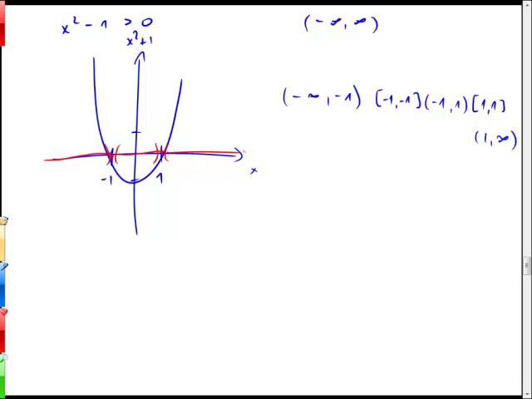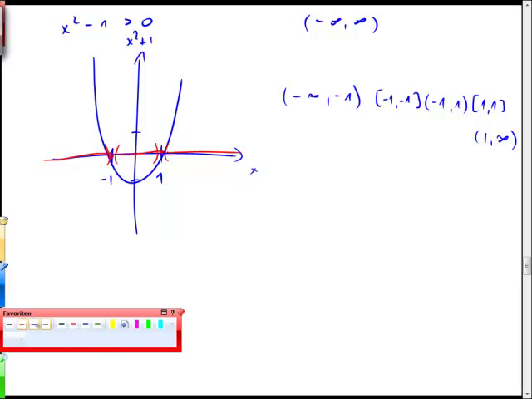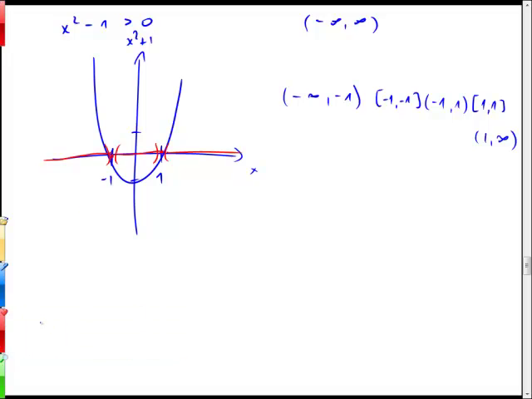From each one I pick one value, and since I know that between two zeros the sign of the polynomial is invariant, I try a value here. One value here. Then I have to try this one, the point. I take one here, one here, one here.